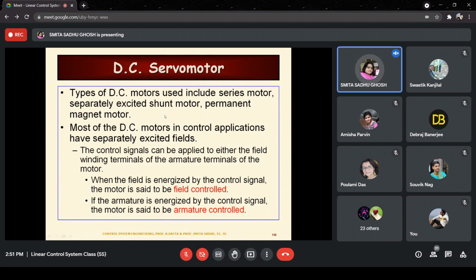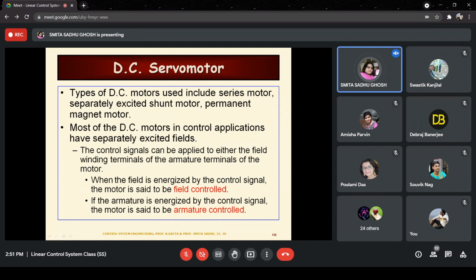All types or many of those types can be used as servo motors, DC servo motors we are speaking of at the moment. Now, most of the DC motors in control applications, however, have separately excited fields. However, other forms are also possible.